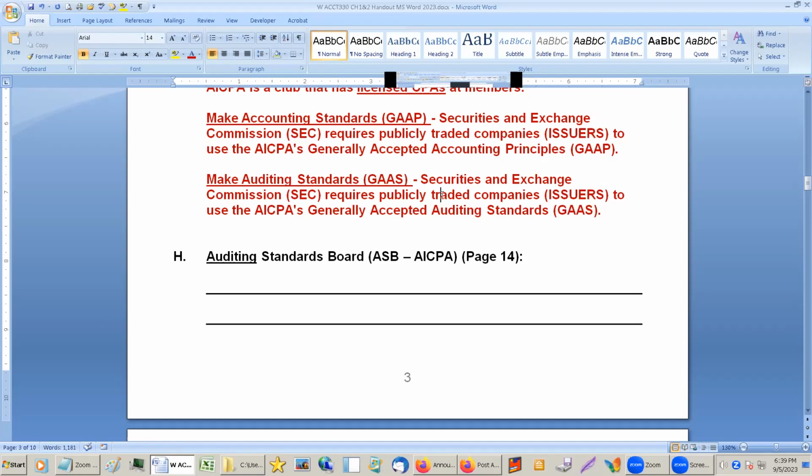Now, they don't require publicly traded companies, they require CPA firms.